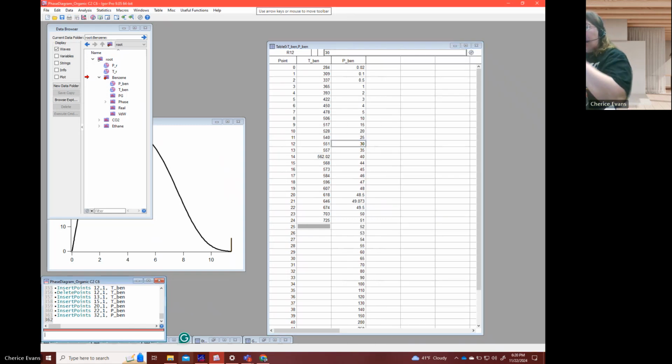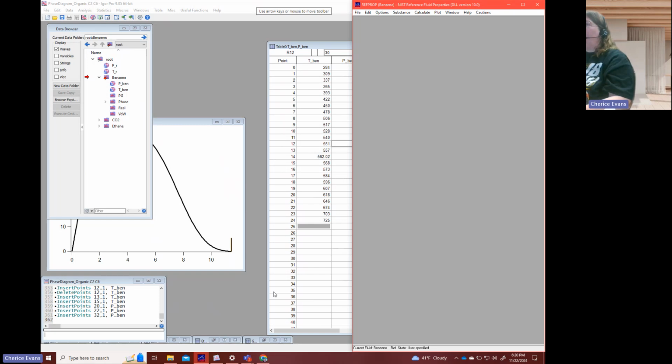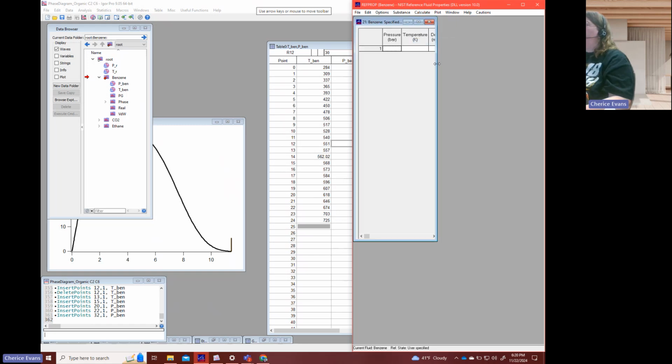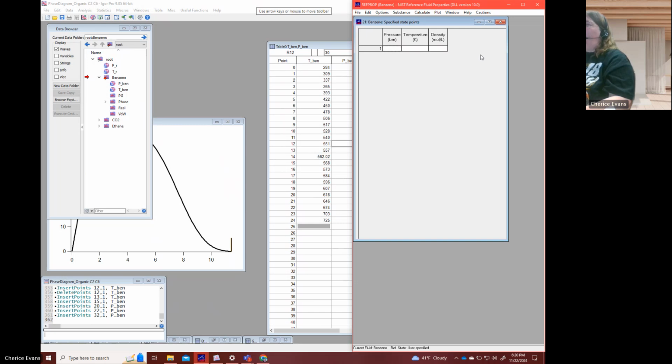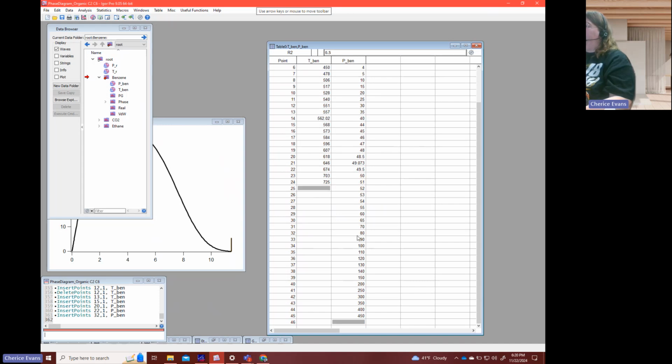Now, if I want to do this the most rapid way, I'm going to be using calculate specified state points. If I want to do this the most rapid way possible, then I'm going to need a temperature array that's the exact same length, the exact same number of points as the pressure array.